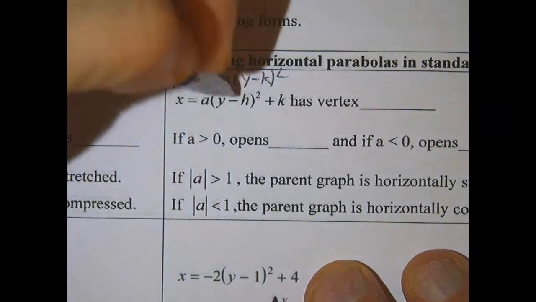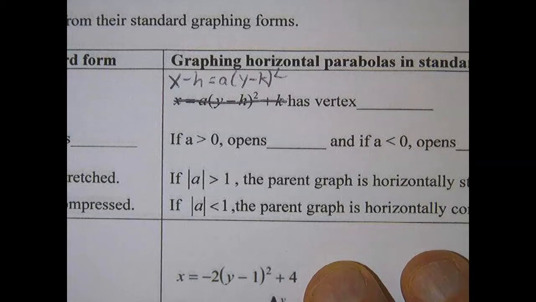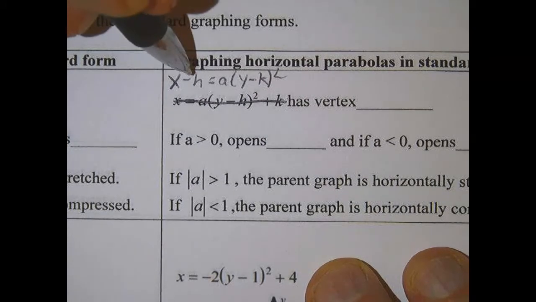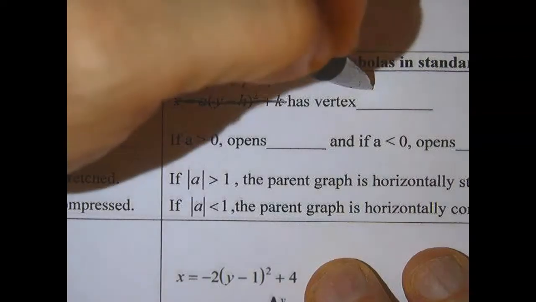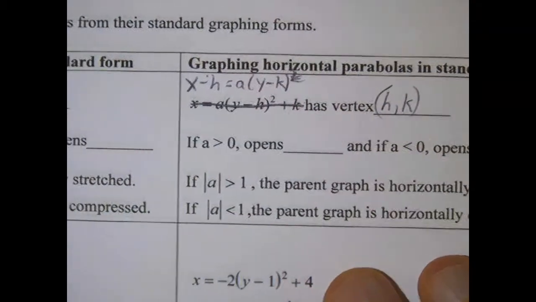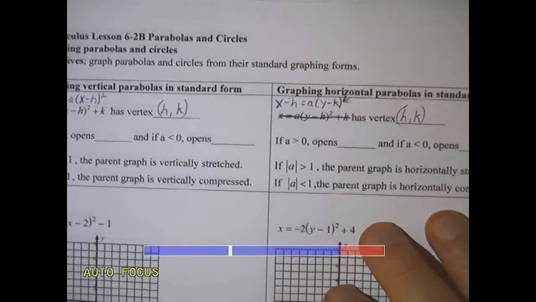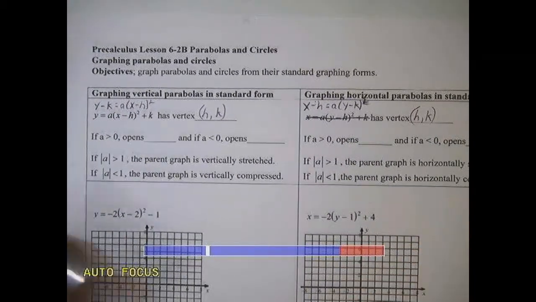Here we're really switching these. The one written on the notes is just a mistake, so think of that as a mistake. This is probably the easiest way to do this. The vertex is still h, k. This way the vertex is always h, k, the h is always next to the x, and the k is always next to the y.